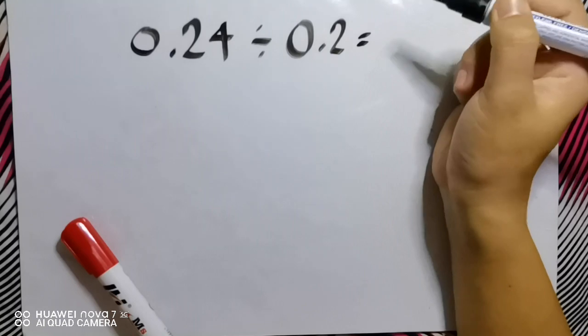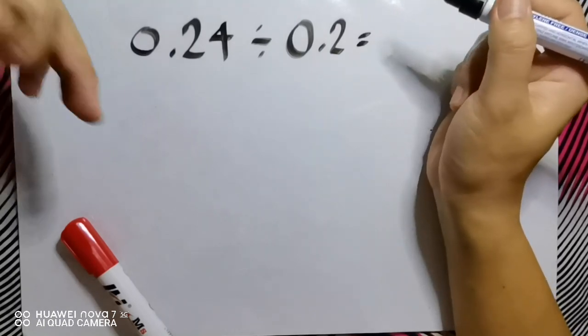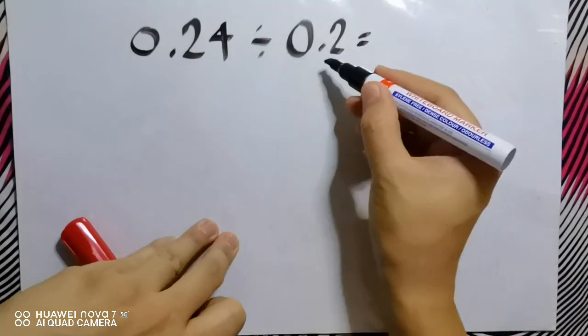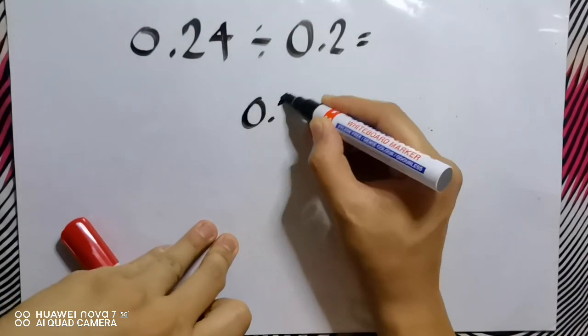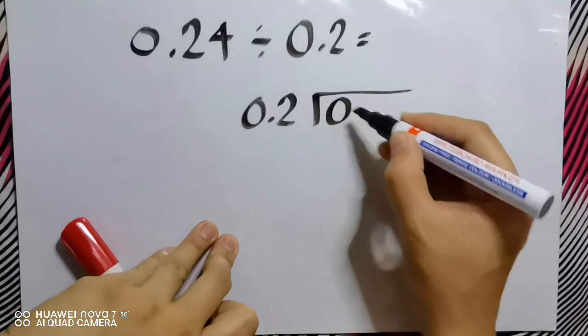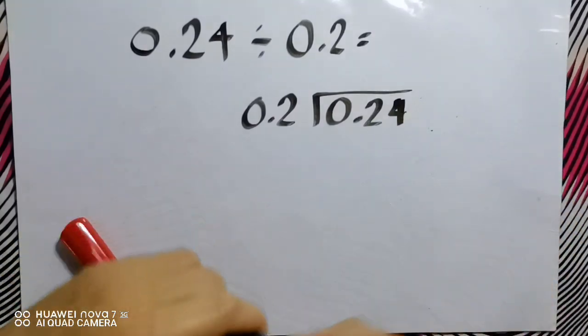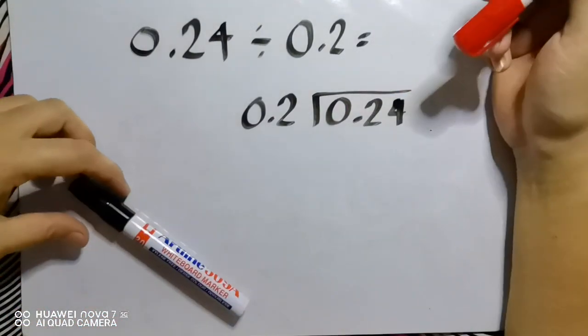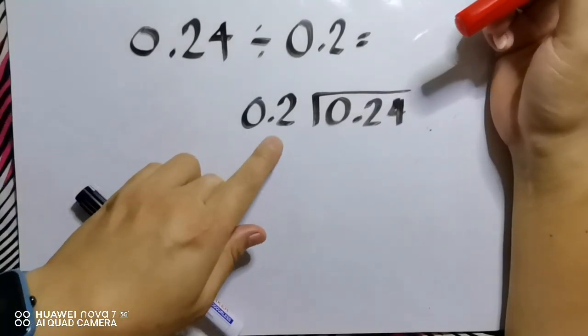Okay? So, yan yung ating example. Lipat mo lang ng pa-division. So, dahil ito yung divisor, so we have here 0 and 2/10. Divide 0 and 24 hundredths. Okay?